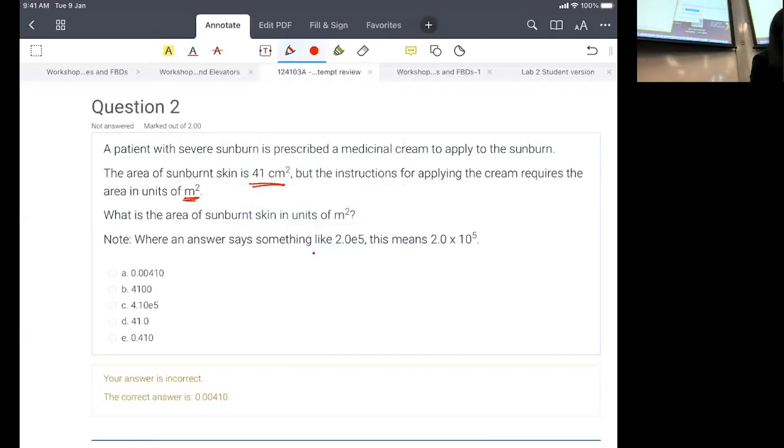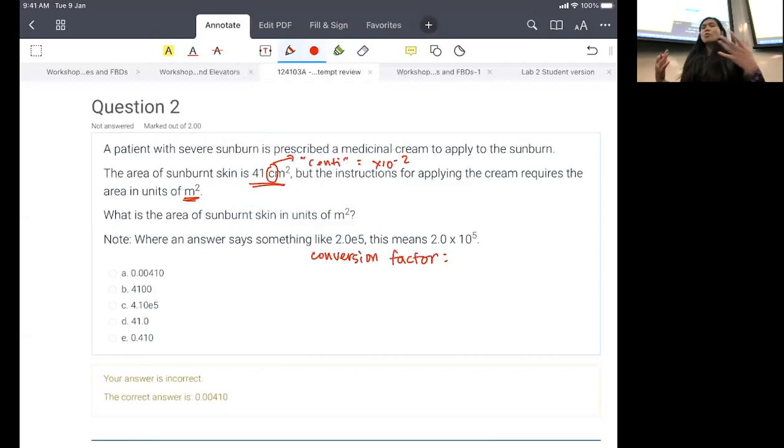So here you need to have a conversion factor. You can refer to the slides on prefixes, where this is the prefix centi. Centi means times 10 to the minus 2, or you can also use your prior knowledge.